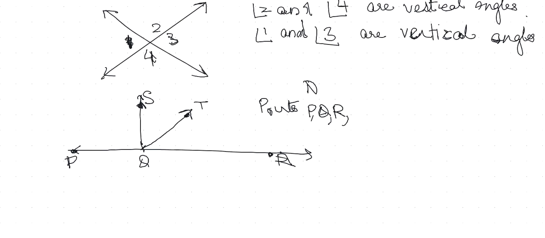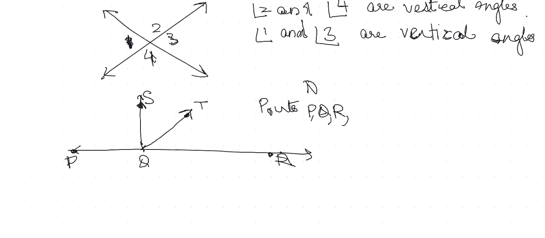We can assume that angles SQT and TQR are adjacent angles, and angle PQR is a straight angle.